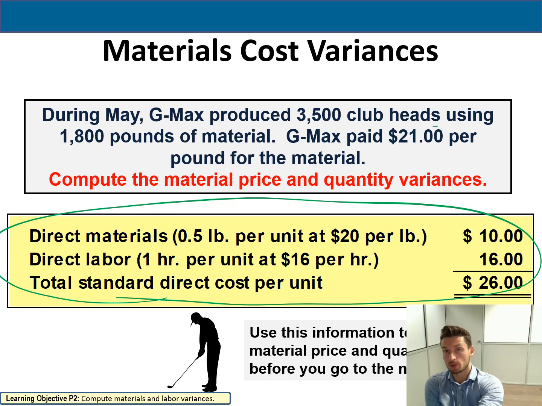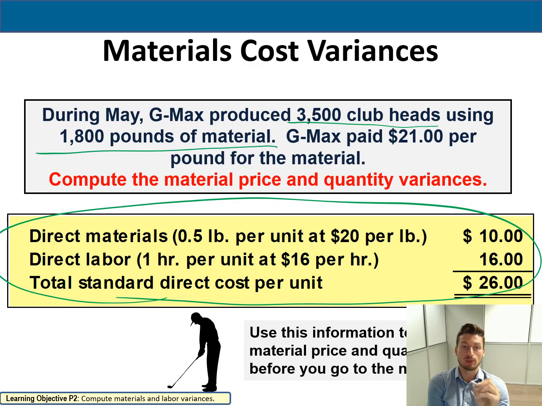This is actual information now, using 1,800 pounds of material. And GMAX paid $21 per pound for the material. This is actual cost. From all this information, now we can start calculating variances.